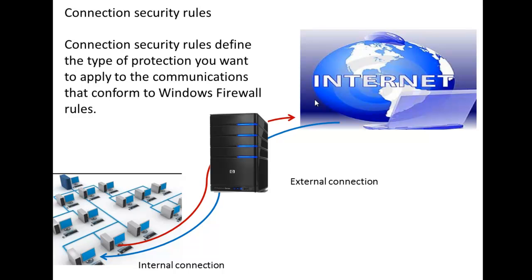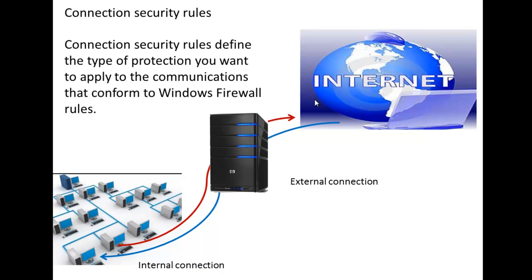And we protect this traffic using connection security rules, which is a wizard that will configure IP security for the traffic on your network. We're going to look at our group policy, and also we're going to look to see how we can configure this security locally.